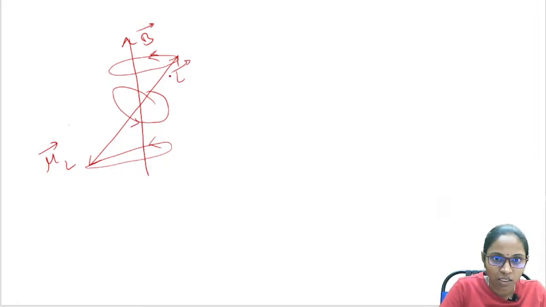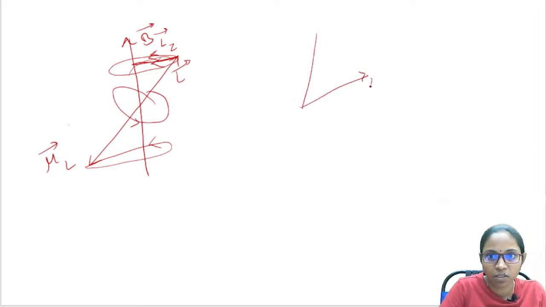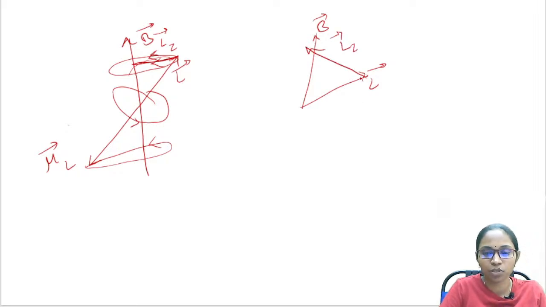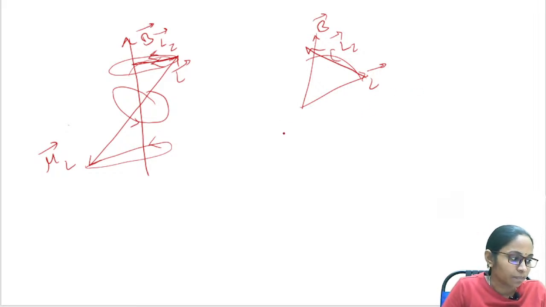Lz will be the component, nothing but the projection of L bar over B bar. If this is L bar and this is B bar, the projection of L bar about B bar will be Lz bar.